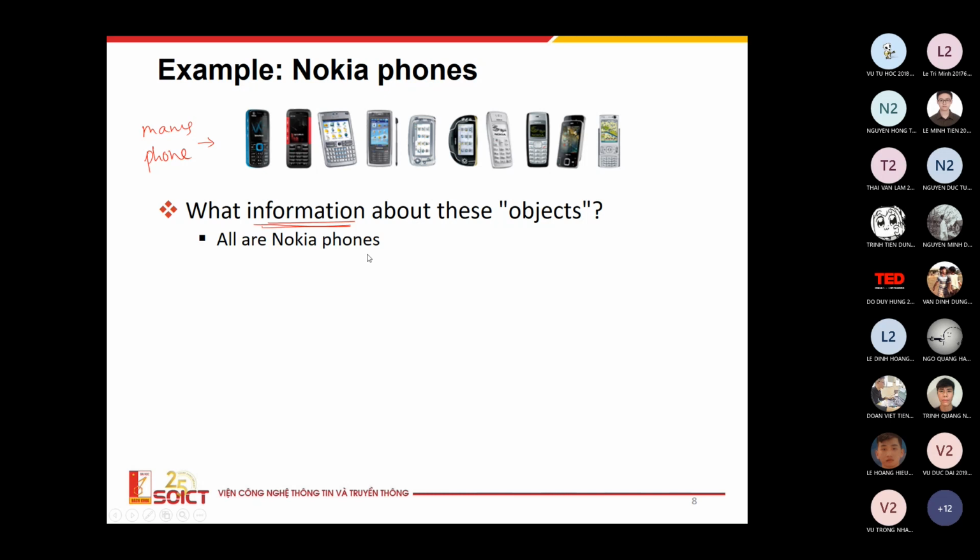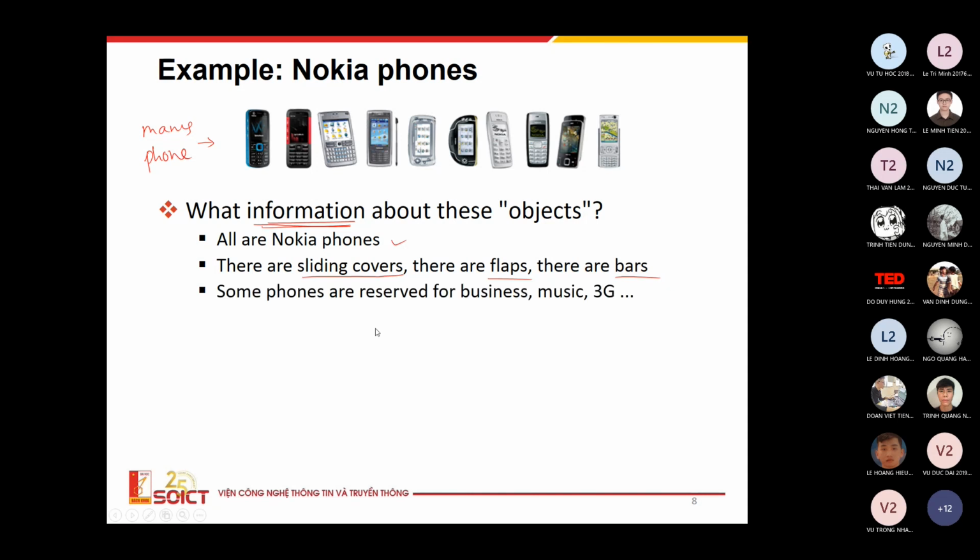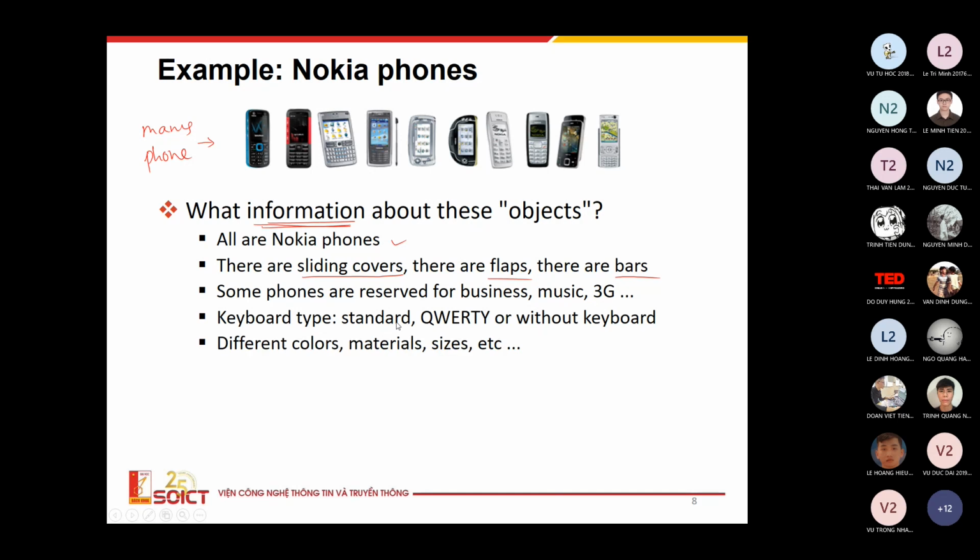Firstly, maybe this is just the brand of the phone. You describe the overall view of this phone. For example, they have a sliding cover, they are flip phones, or they are just like a bar. And there are many things you can use to describe the phone.